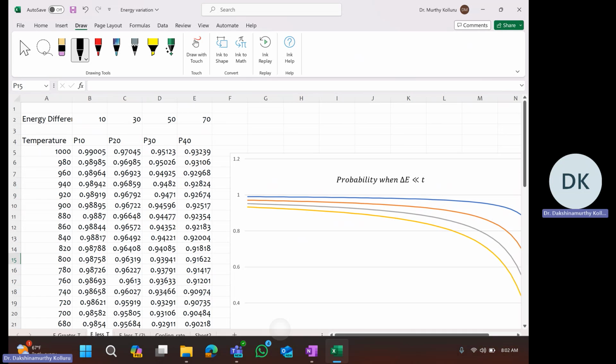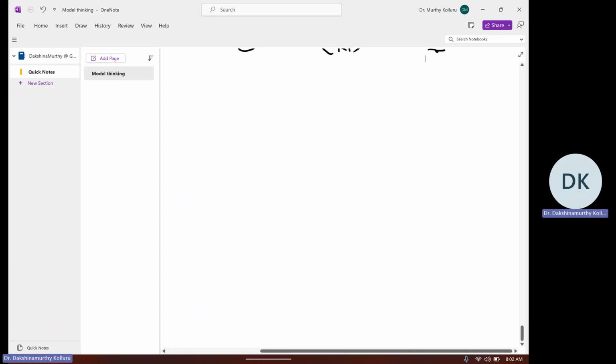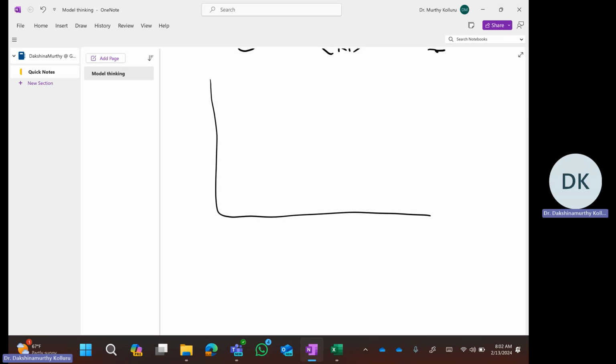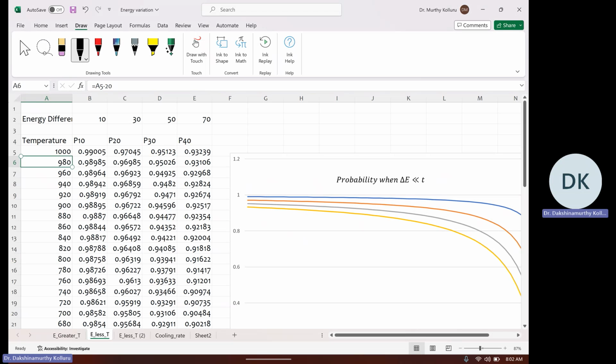Also, people do two types of cooling. The cooling that I used in the Excel, with temperatures 980, 960, 940, is actually linear cooling. I could use geometric cooling also.